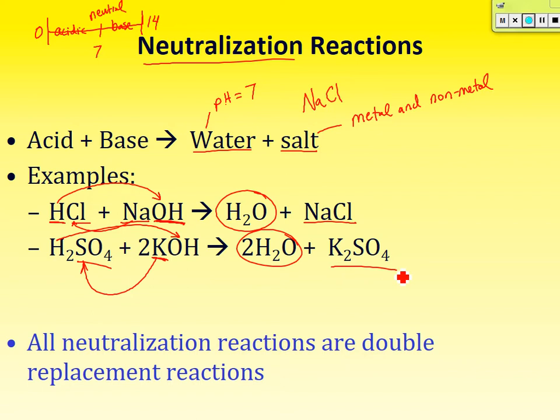So one thing that you might have noticed, both are switching partners. What kind of chemical reaction is that? Double replacement. So like it says right down here, all neutralization reactions are double replacement reactions. So that means they're both going to switch partners.